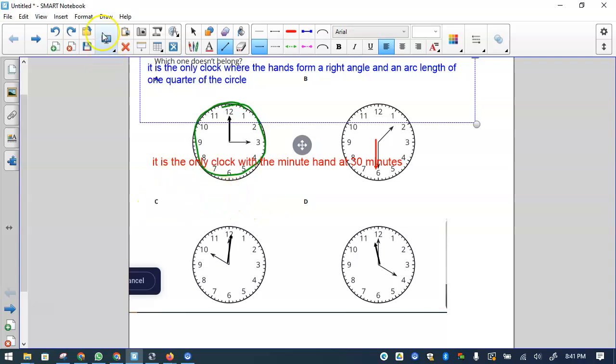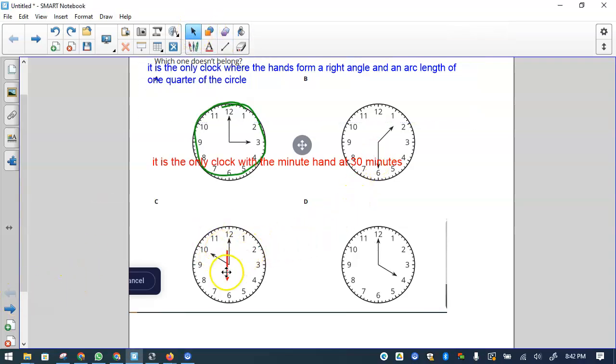The third one, let me take this off. Let's check the hour hand. This is the only one where the hour hand is pointing on the left side. This one is pointing to the right side, and this is on the right side.